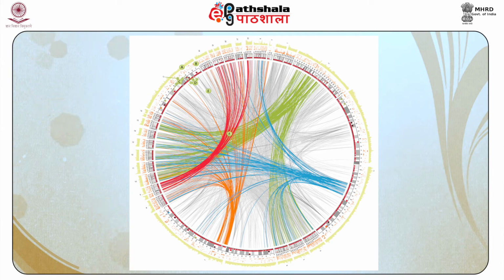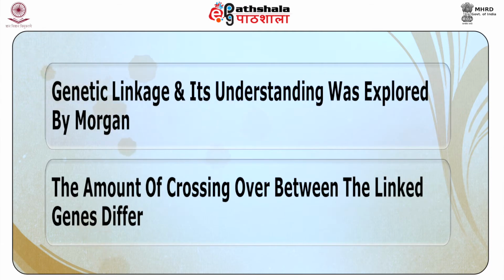It was discovered by British geneticists William Bateson, Saunders, and Punnett immediately after the rediscovery of Mendel's law. Genetic linkage and its understanding was explored by Morgan's work, which says that the amount of crossing over between the linked genes differs, which led to the idea of crossover frequency.